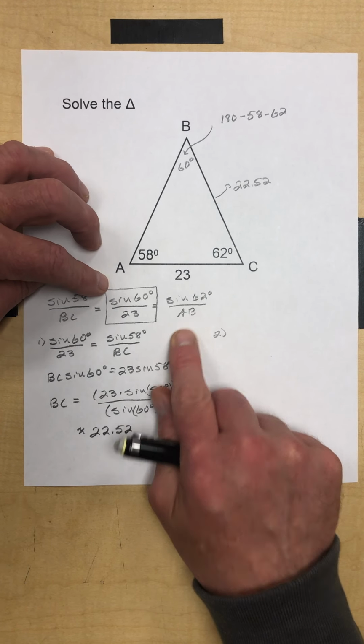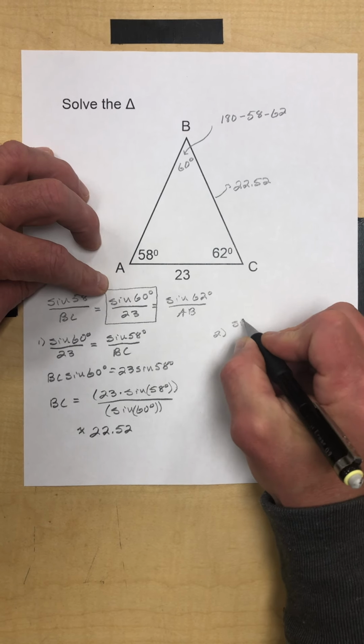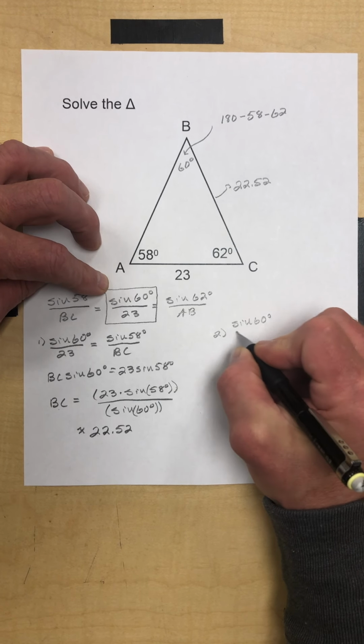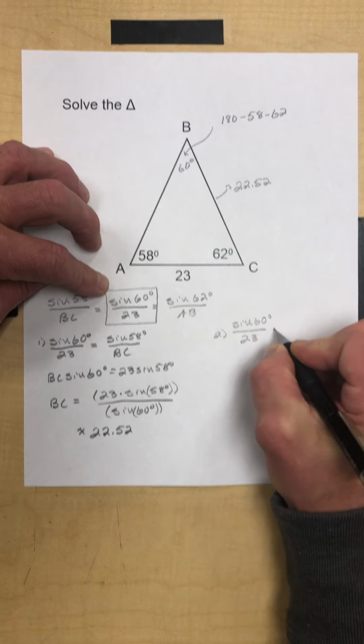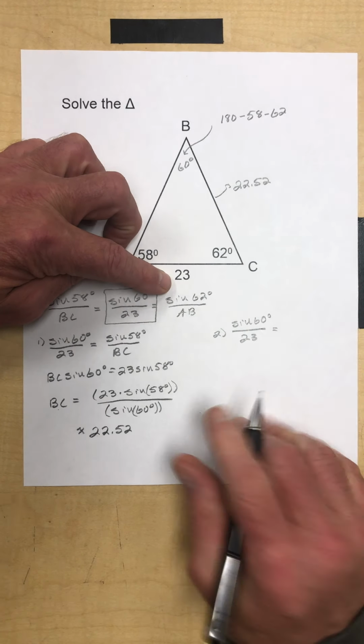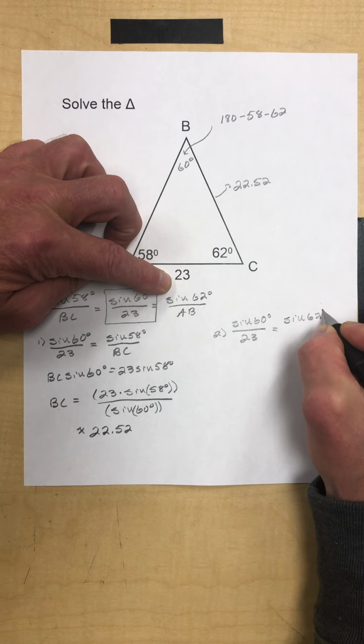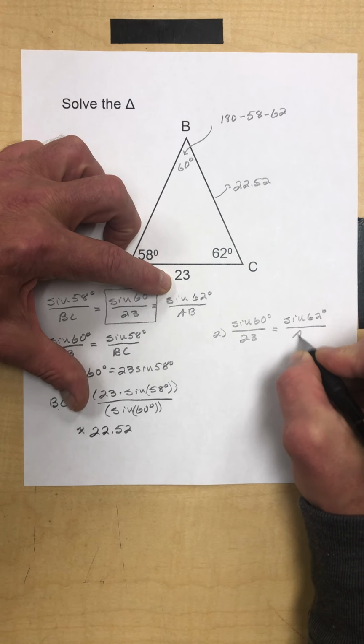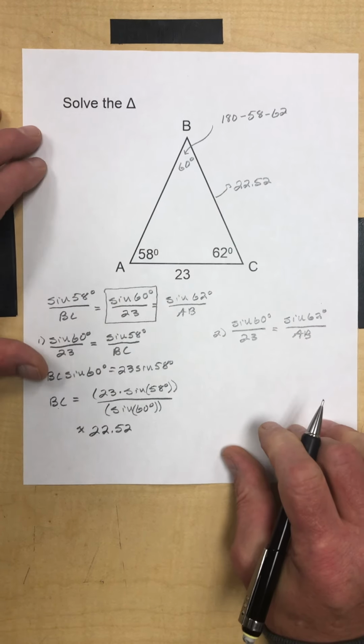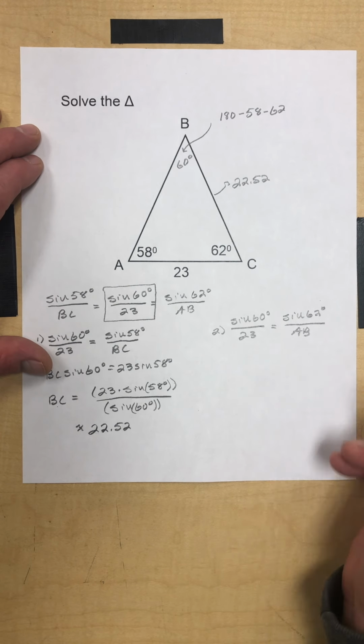Okay, all right, so now I have to find my AB right here. Okay, so I take my cornerstone ratio, sine of 60 degrees over 23, and set that equal to this ratio, sine of 62 degrees over AB. And again, I have a proportion, so I use cross products.